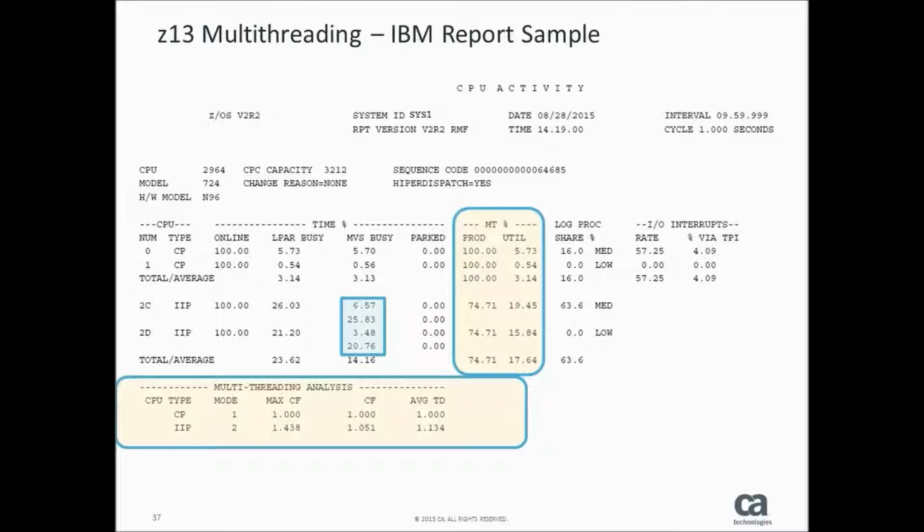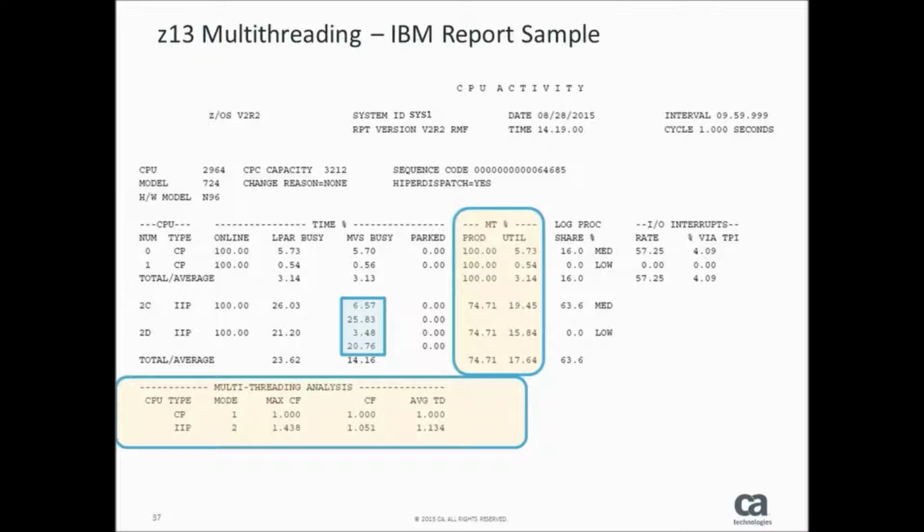And the thread density comes into play as well. But this number is multiplied against LPAR busy, so 0.7471 times 26.03 is 19.45. So this shows your utilization percentage is a good way that you can evaluate how well you are utilizing a multi-threading environment.